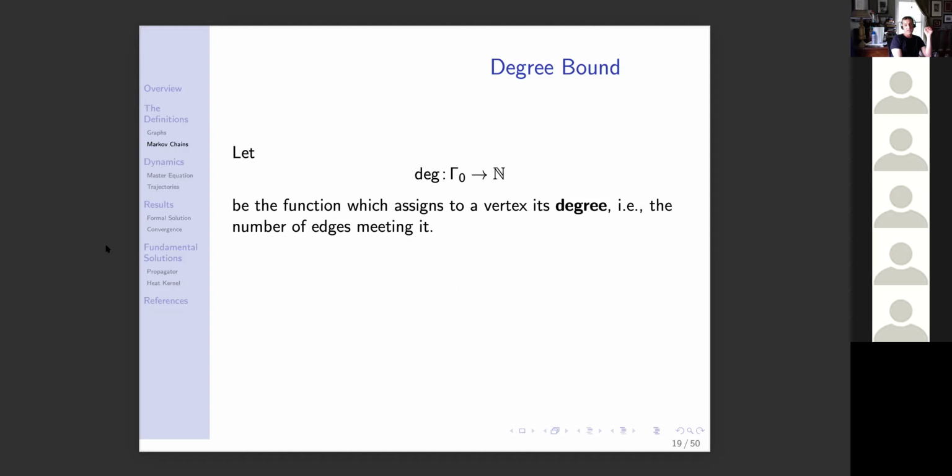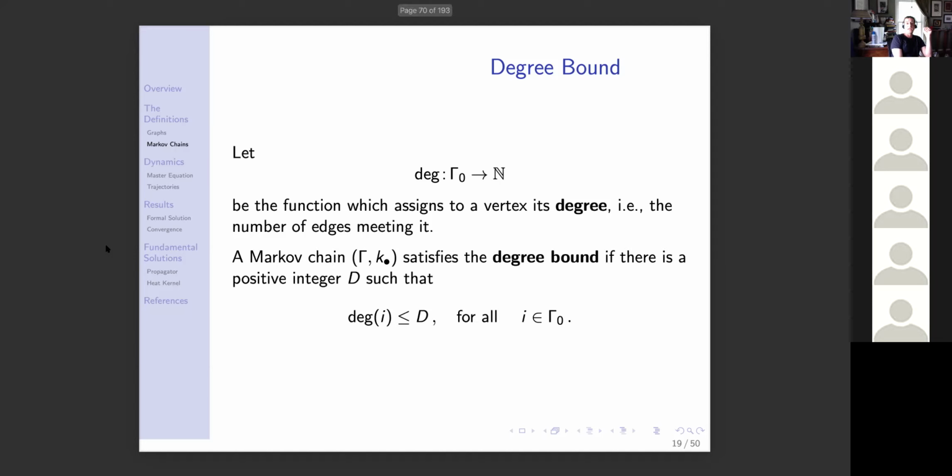We know there are only finitely many, or I want to assume it's finite. Anyway, I need to know that the Markov chain satisfies that the degree function has a global bound. There's a number d such that the degree is always less than or equal to d for every vertex.